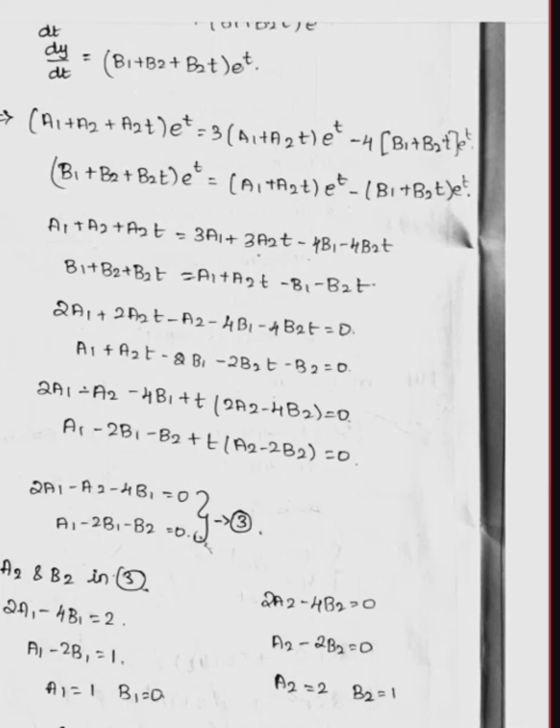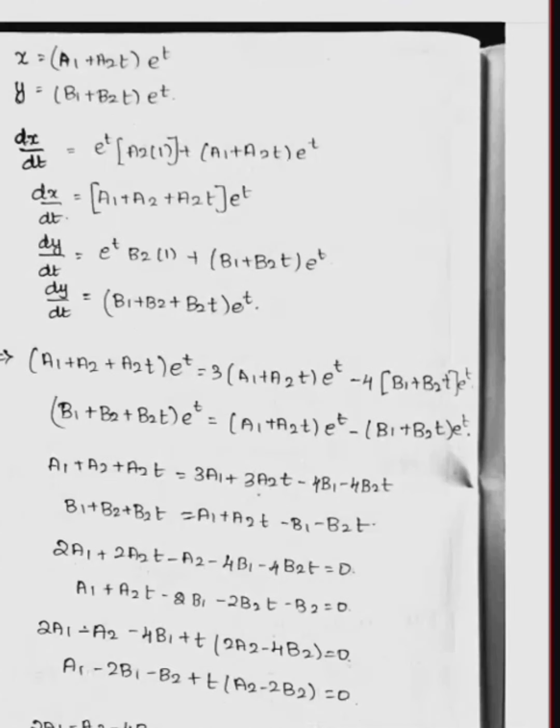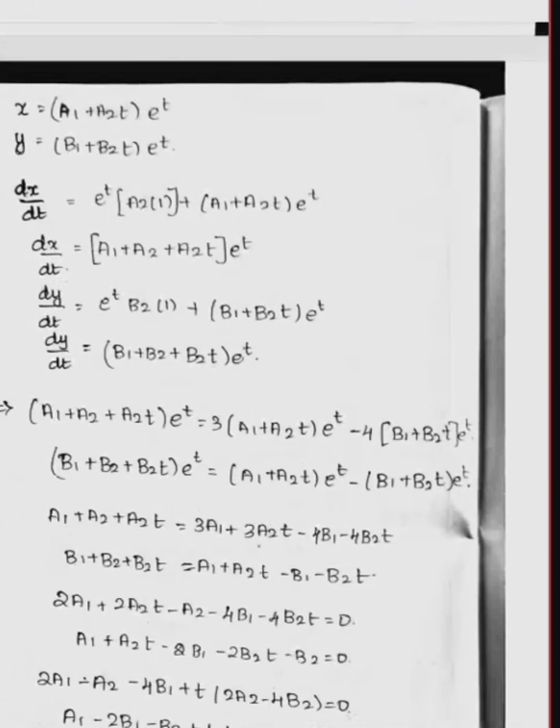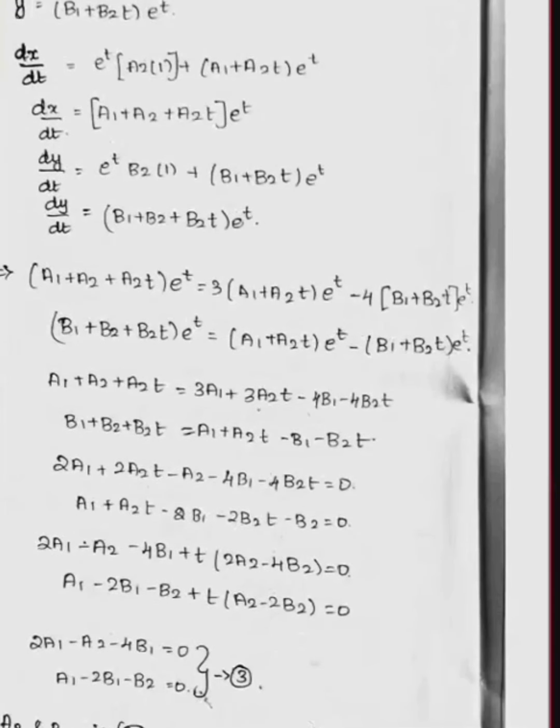So normally the complementary function formula for x is a1 plus a2 into t into e to the power t. So you have to substitute all the a1 and a2 values here in the x value. So a1 is what? 1 plus a2 is what? 2 here.